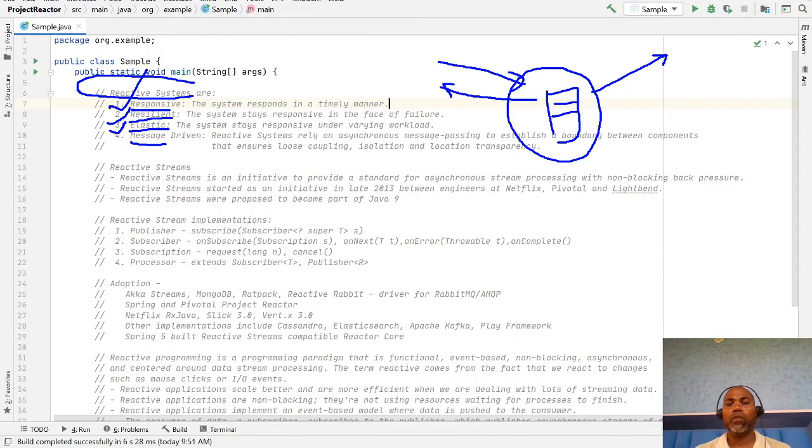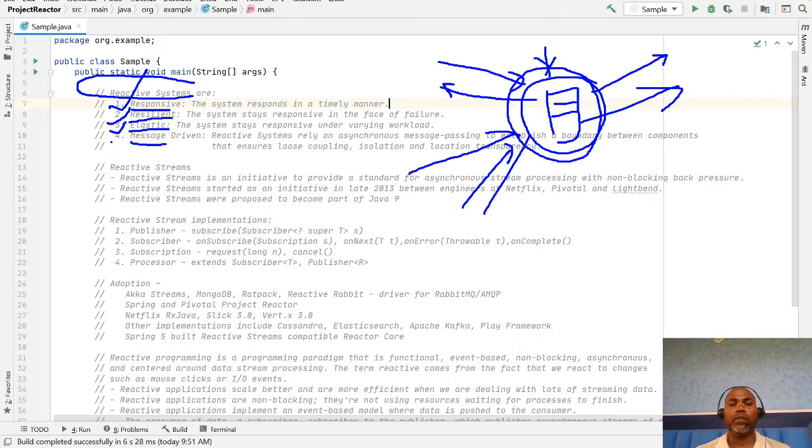That means if the client increases the load, your system is capable of responding under varying, increasing load. Your system should be designed in such a way that if customers increase the number of requests, your system should still be responsive.